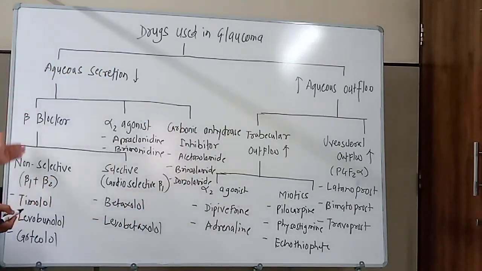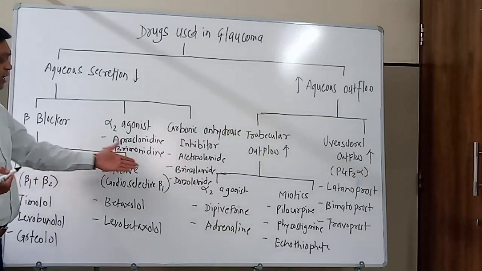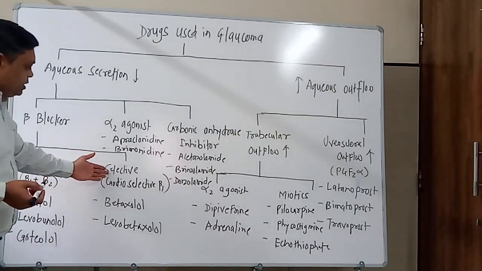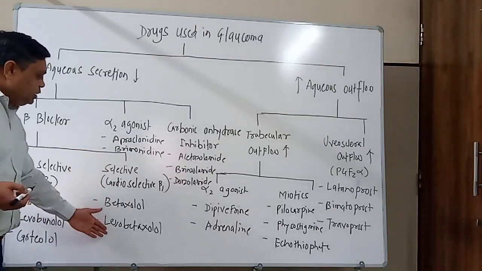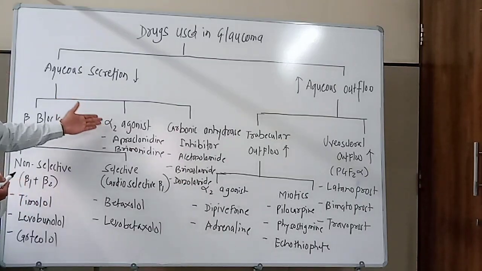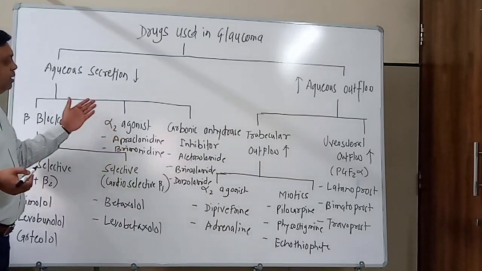The beta blockers are two types, non-selective and selective. Non-selective act on beta 1 and beta 2. Selective, that is cardioselective, act on beta 1. Non-selective are timolol, levobunolol, carteolol. Cardioselective beta blockers are betaxolol, levobetaxolol. Alpha 2 agonists are selective alpha 2 agonists: apraclonidine, brimonidine.